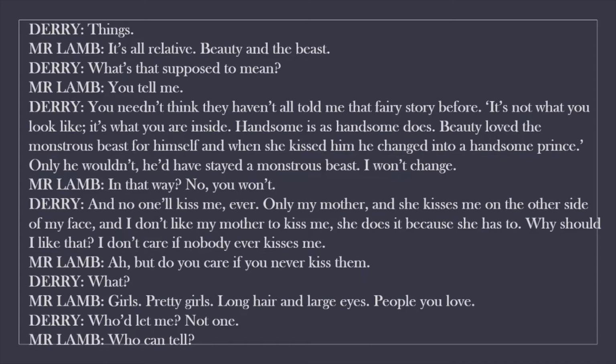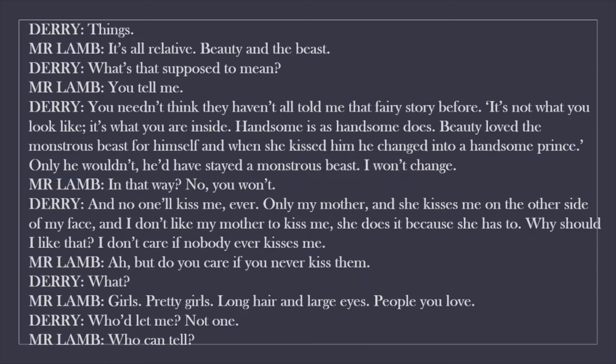He said that once in a story he heard that there was a beautiful girl who loved a beast for who he was and kissed him, which turned the beast into a handsome prince, and he wouldn't have changed if she hadn't kissed him. But then he said that he won't change. Mr. Lamb said that Derry was right that he would never be able to change his burnt face.